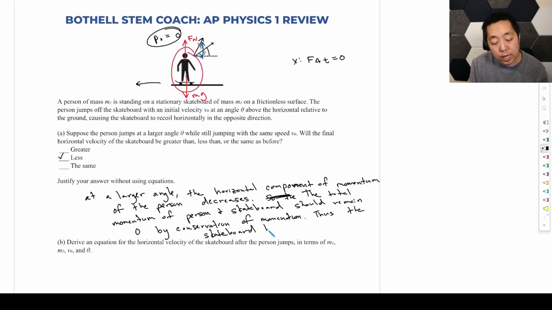It has less momentum to the left. Okay, so that's it. That's all you want to say there.